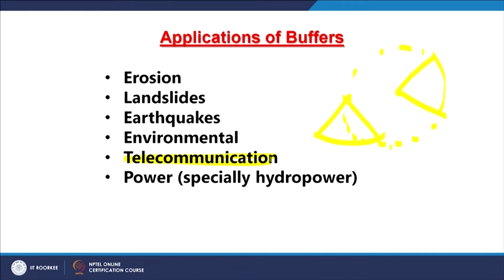In power supply, especially hydropower, buffers are also used, because we can analyze how much loss in power will be there if the energy has to be transported over a large distance. From that point of view, buffers can be generated, and these things can be estimated even before a power line is put in the field.